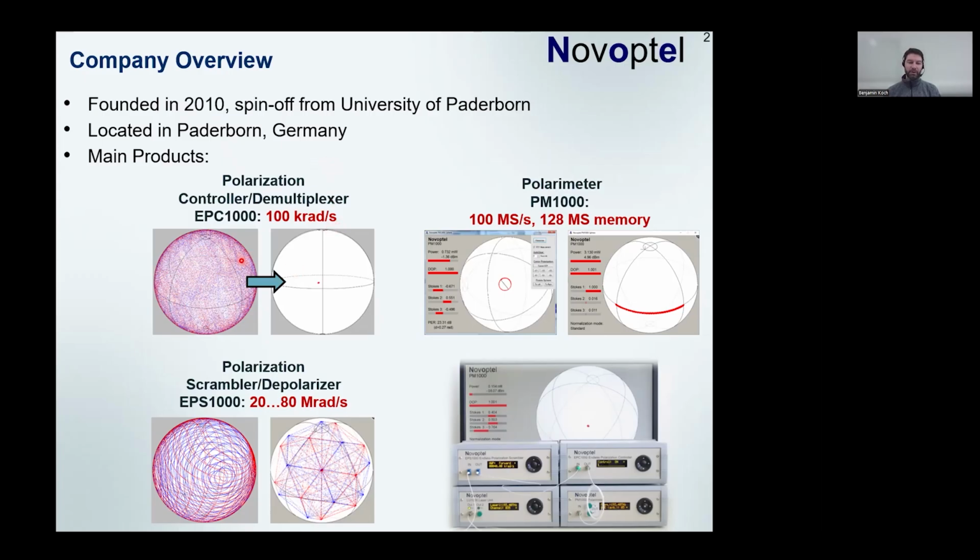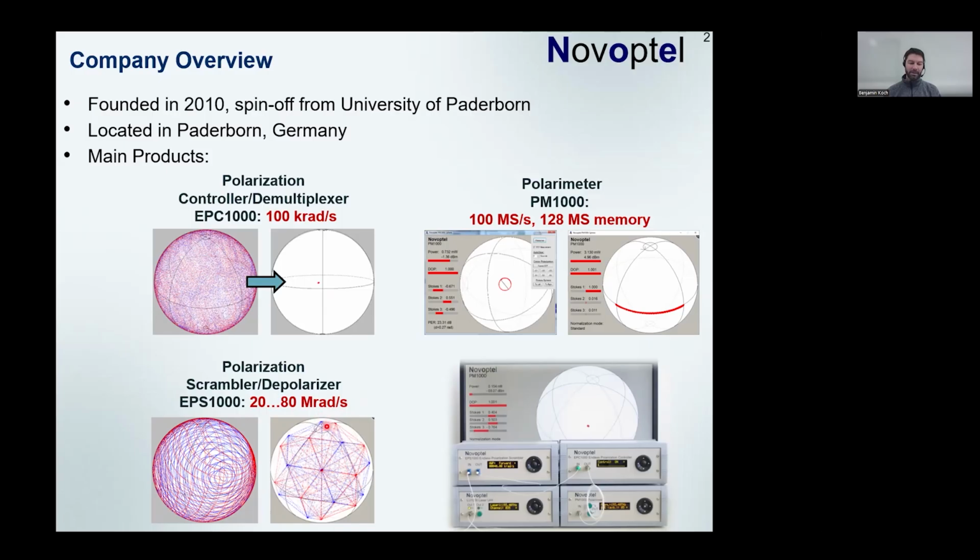So for example, we have a polarization controller which can stabilize the polarization. This can be used, for example, for demultiplexing of polarization multiplexed channels. We have also a polarization scrambler, which can generate fast polarization changes with a defined changing speed, up to 80 megaradians per second.